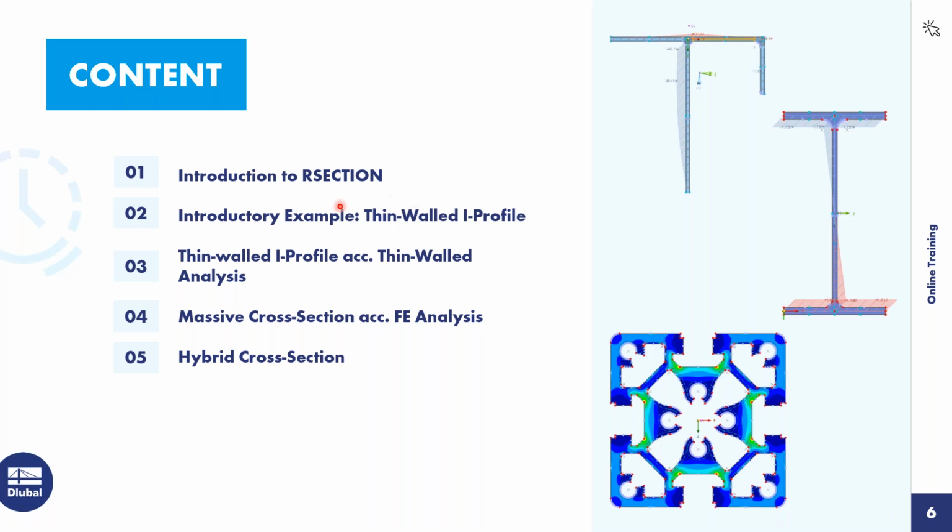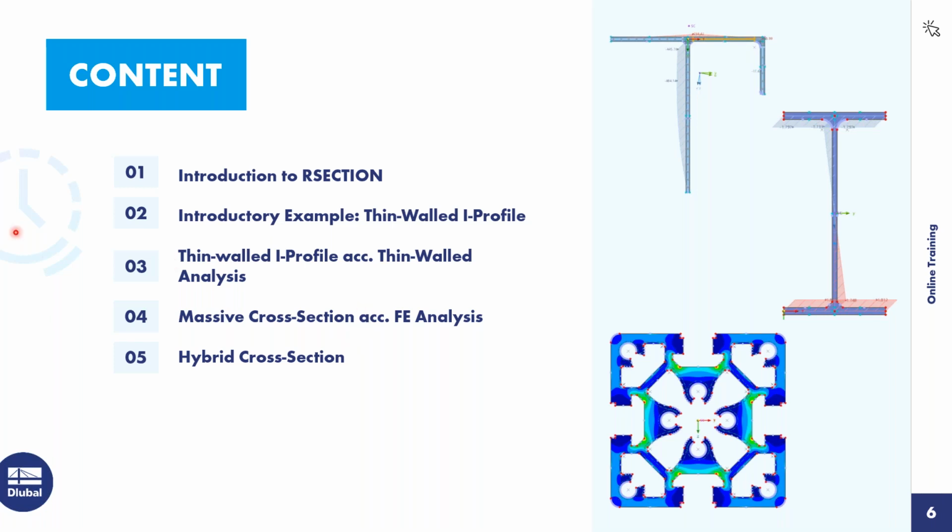Then I will forward later on to Bastian. He will do 3 other examples, also a thin-walled profile, then also a massive cross-section according to the FE analysis, and then also a hybrid cross-section.